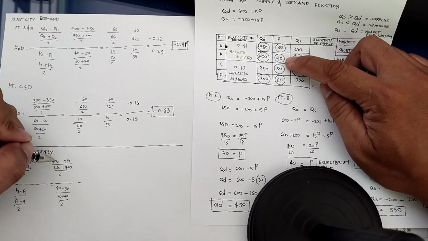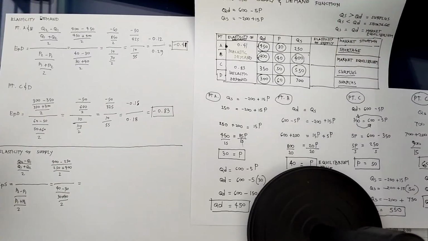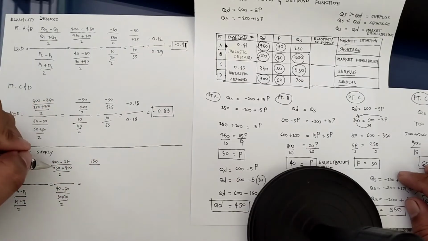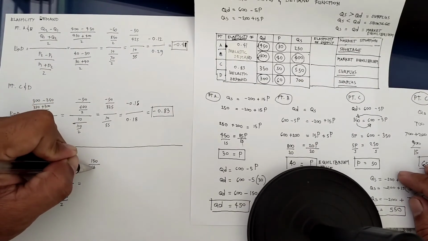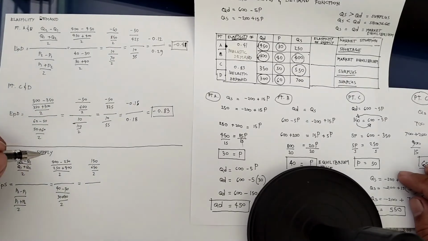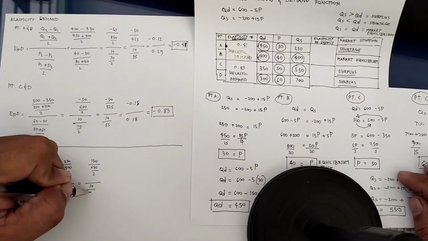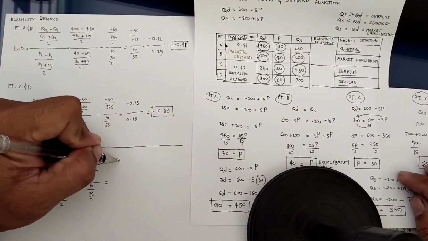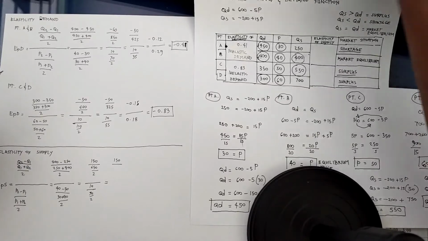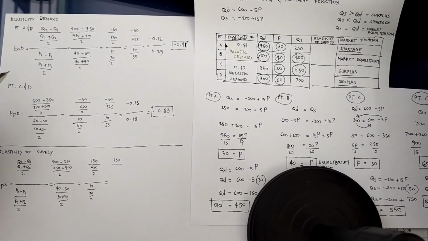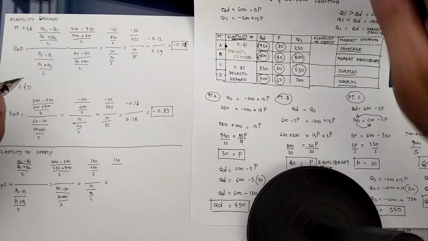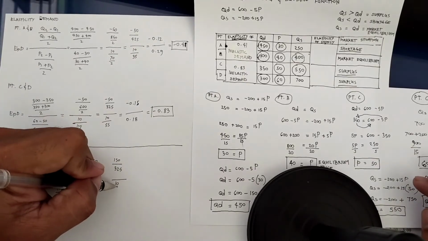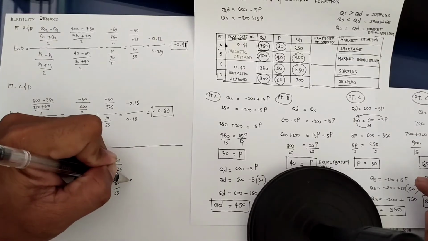So 400 minus 250 equals 150 over 650 over 2. 650 divided by 2 is 325, over 10 over 35.